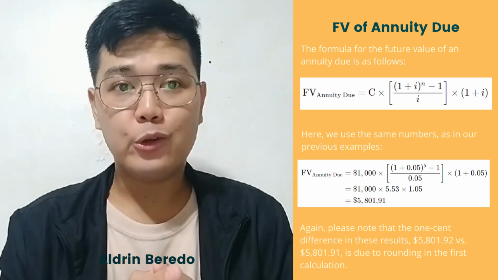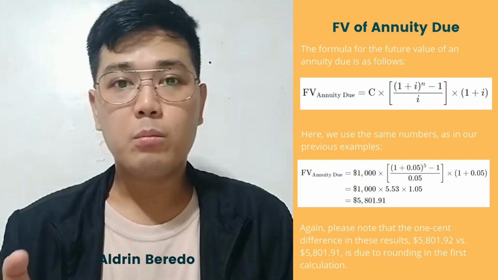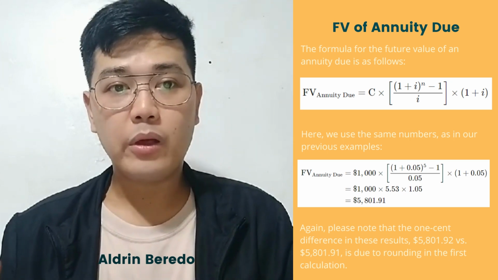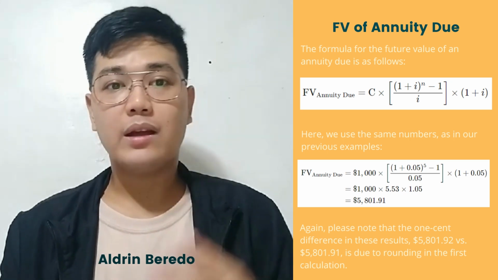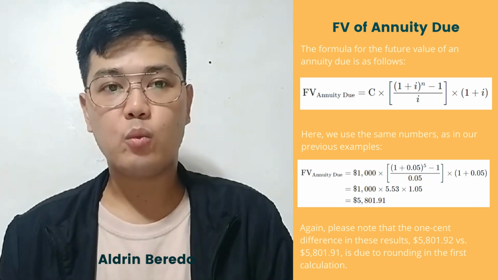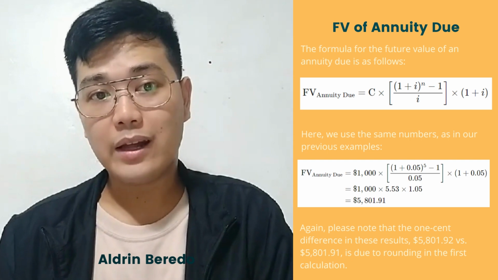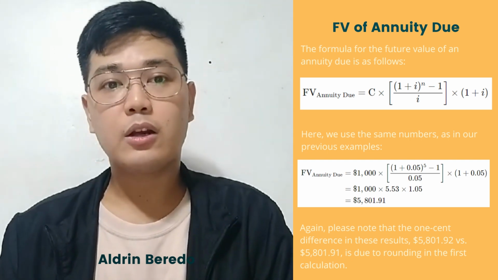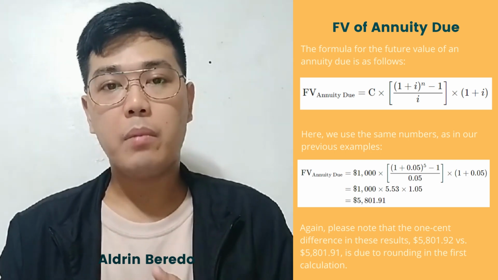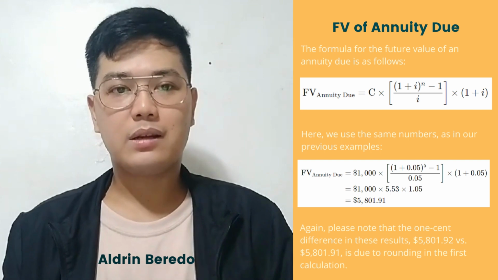FV annuity due is equal to $1,000 for cash multiplied by the answer of 1 plus 0.05 interest rate in decimals raised to the power of 5 for payment terms minus 1, and divide it by the interest in decimals 0.05, and multiply the answer by the sum of 1 plus 0.05 interest rate in decimals.